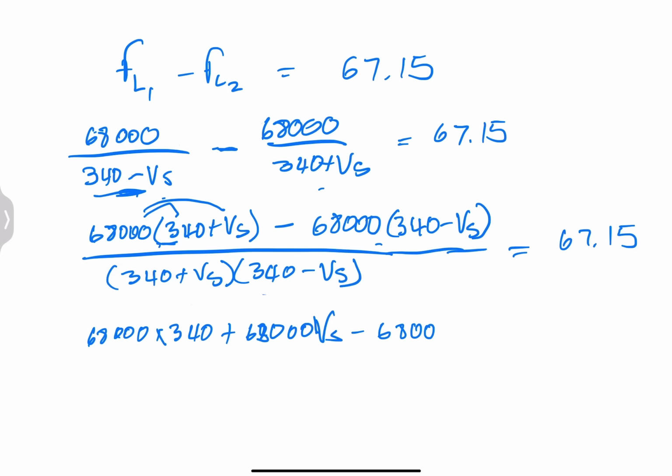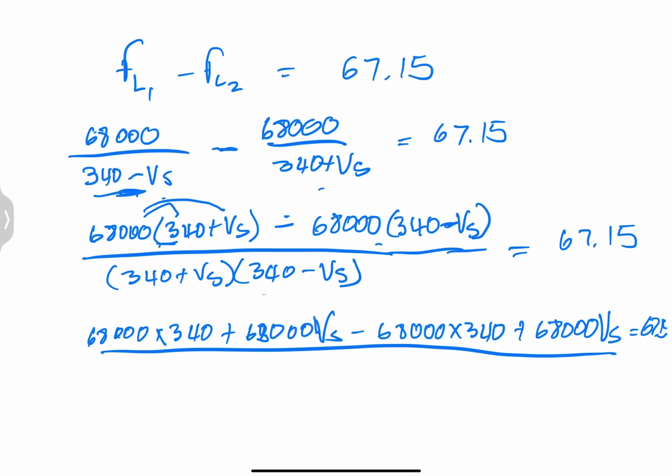68,000 times 340. Right, now remember, negative times a negative is a positive, so that would be 68,000 Vs, and this is still equal to 67.15. Sorry for squeezing that in there. Okay, and of course, what's our denominator?